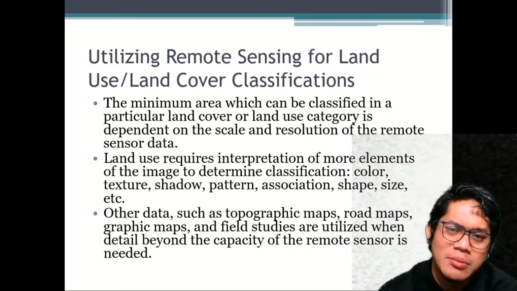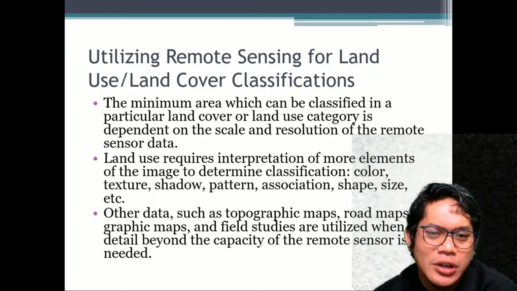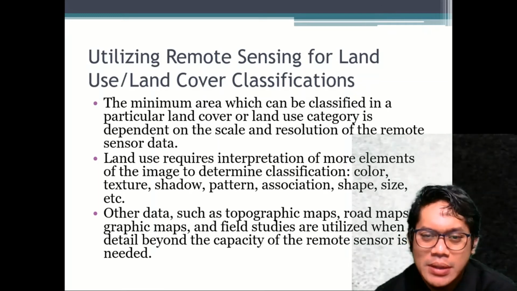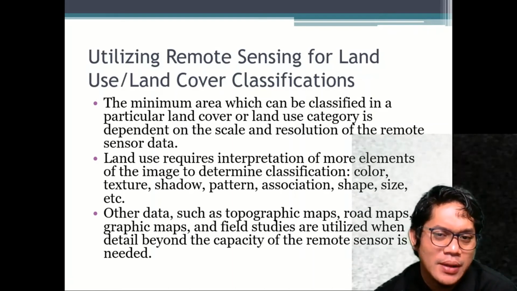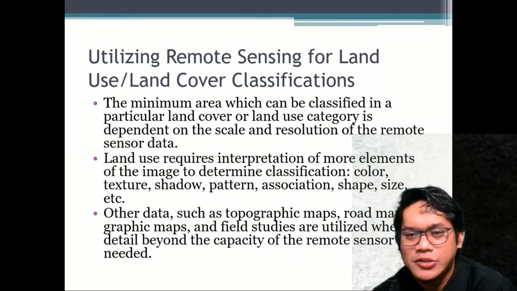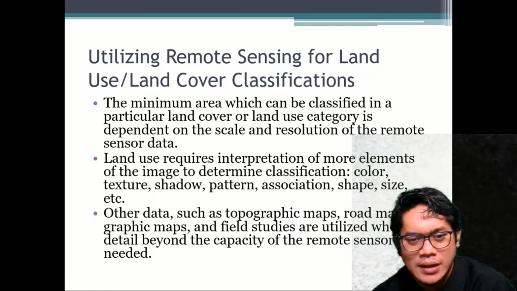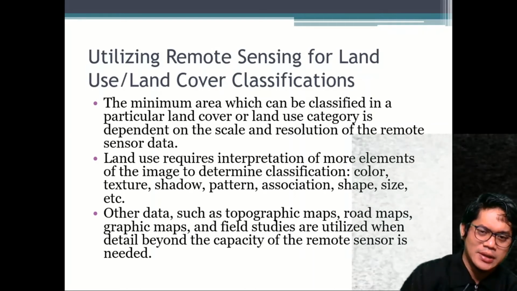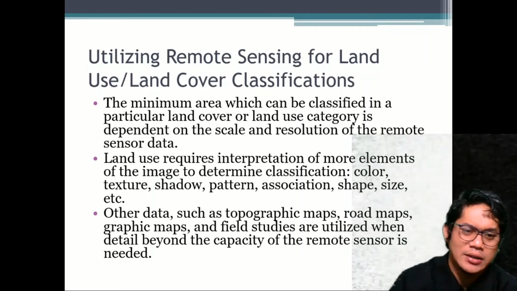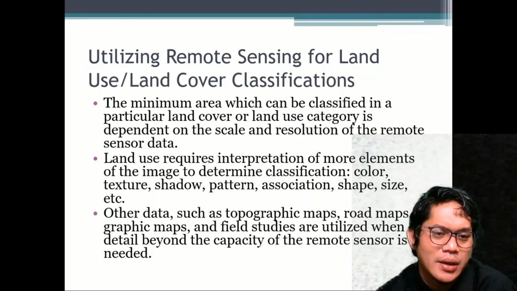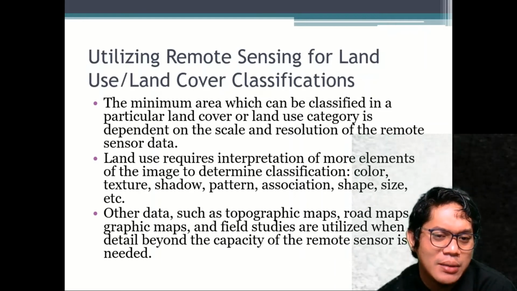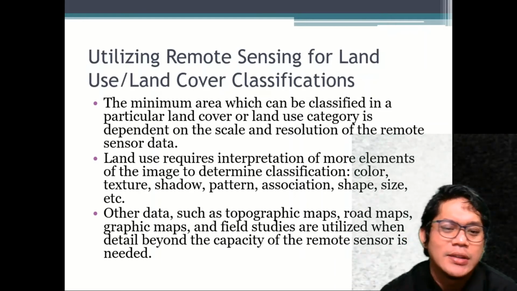And how can remote sensing basically be utilized for land use and land cover classifications? The minimum area which can be classified depends on the scale and resolution of the remote sensing images, and land use requires interpretation of more elements such as color, texture and more. Other data such as topo maps and road maps are utilized when detail beyond the capacity of remote sensing is needed.